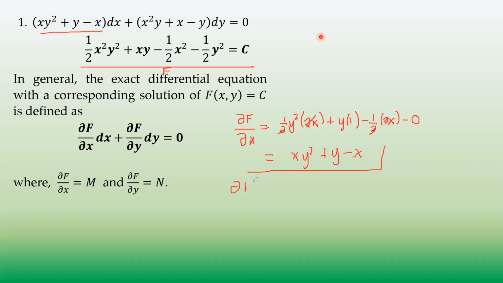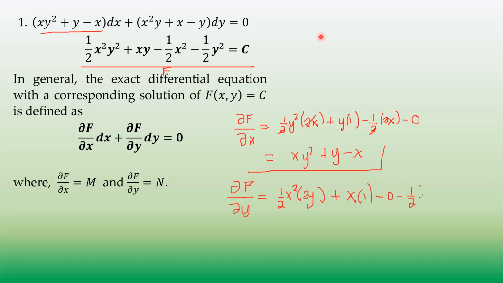Now, we have the partial derivative of f with respect to y. It will be 1/2 x squared naman dito ang ating constant. So, ang derivative ni y squared ay 2y. Galing dito plus x ang constant. So, ang derivative ng y ay 1. Minus 1/2 x squared, yan ay constant. So, ang derivative niyan ay 0. Minus 1/2.